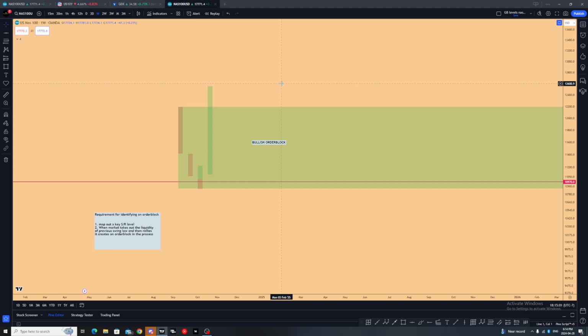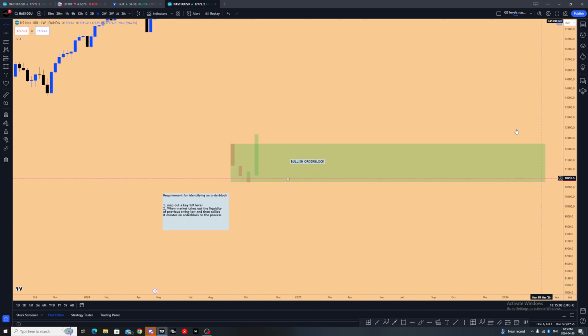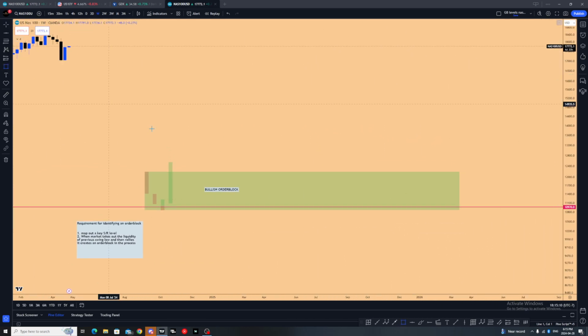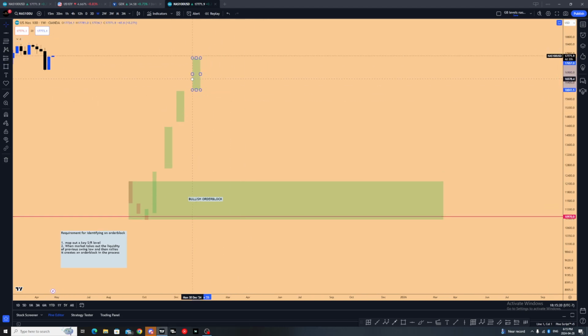Now, why exactly are we trying to identify what a bullish order block or a bearish order block might be? The main reason is that when the market begins to rally, let's say you rally for the next few days like this and you keep pushing higher, eventually the market is going to top out and you might start dropping from there.